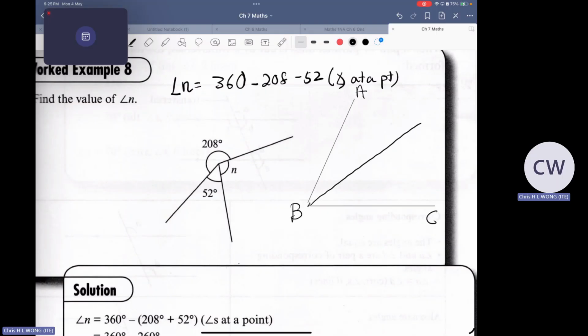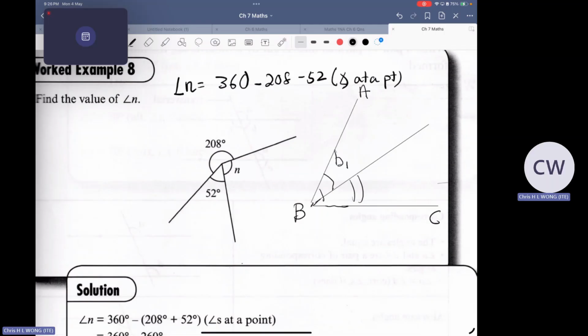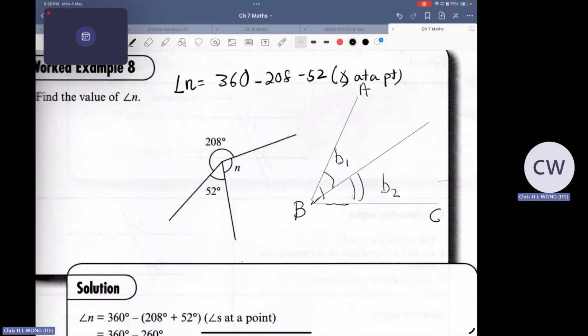There's no D. I told you you can put B when there's no letter, right? But what happened? You have something divided by two. You're supposed to find this angle or this angle. So you can name this angle B1 and this side B2. You understand what I'm saying? Or else how to name? There's no D here.